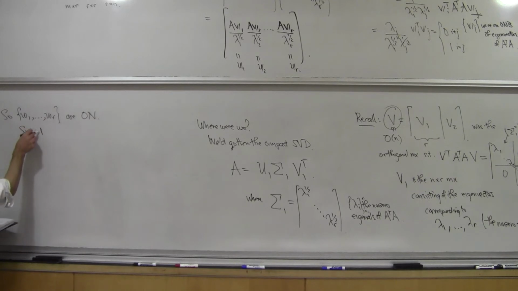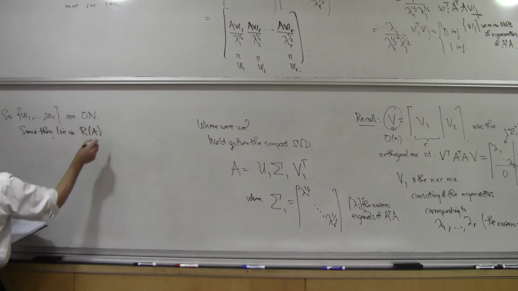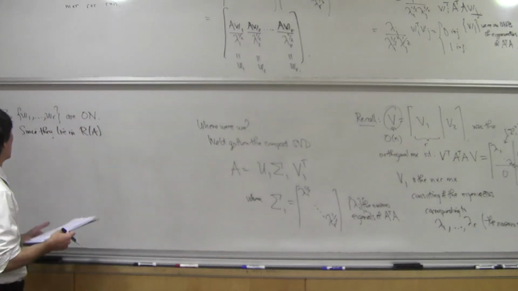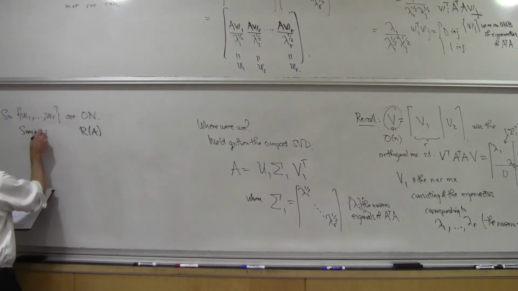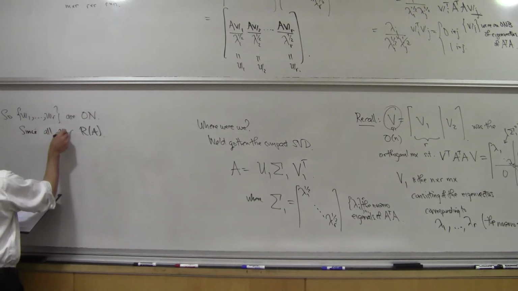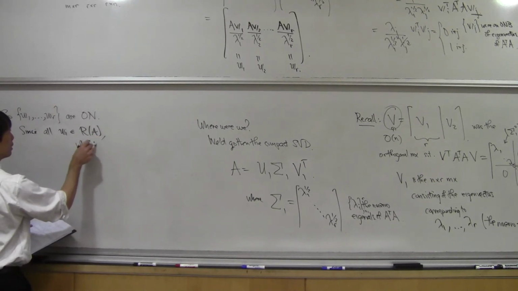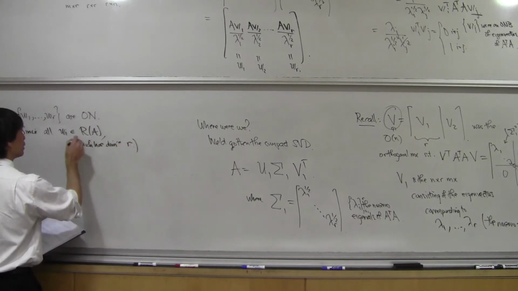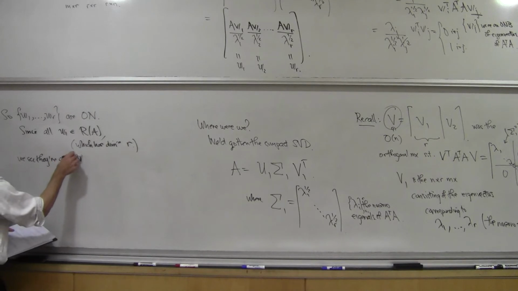Since they lie in the range of A, each of them is A times something, all the Ui are in the range of A, which has dimension r. We see they're an orthonormal basis of the range of A.